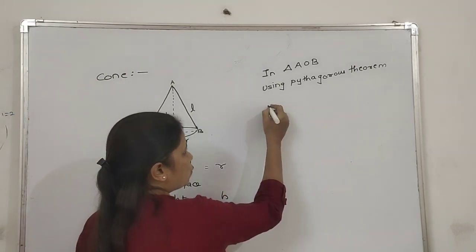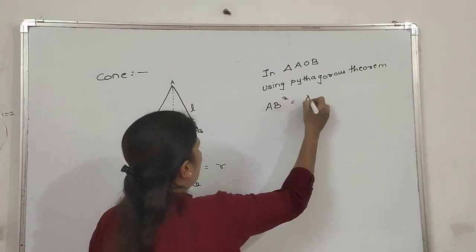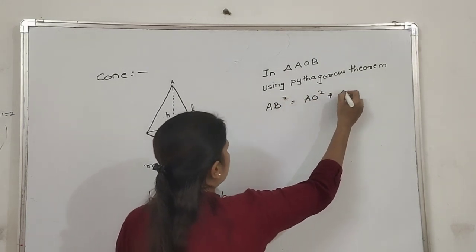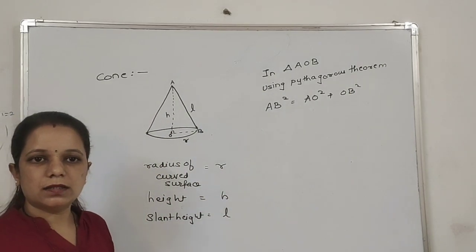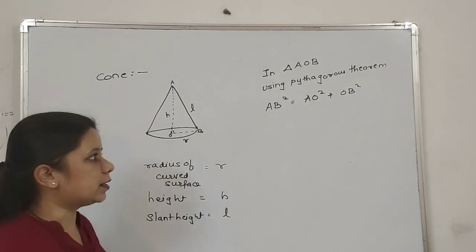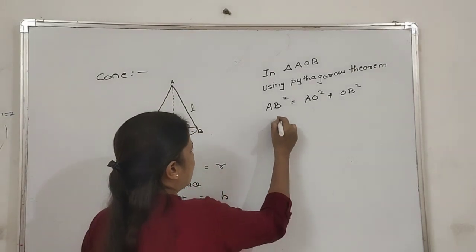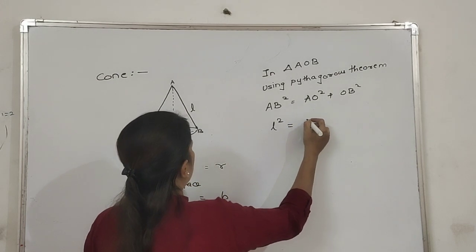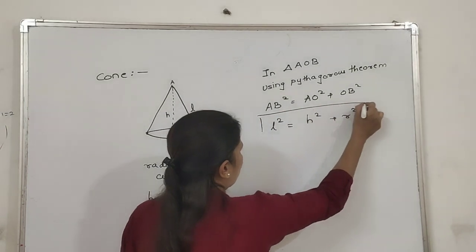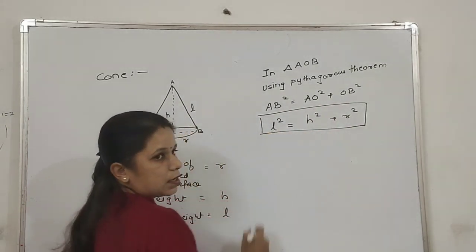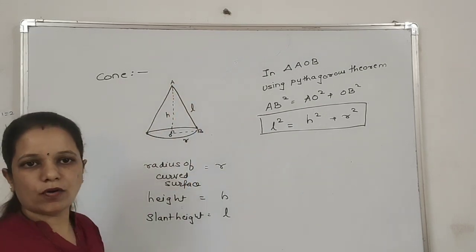So hypotenuse square AB square equal to AO square plus OB square. Now we will just fill the values in it. So AB is L, so L square is equal to H square plus R square, and this is the formula for slant height, that is L, of a cone.